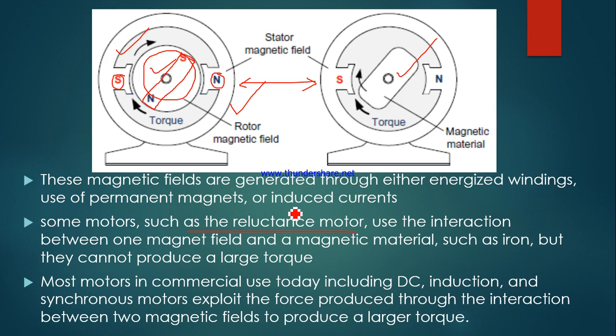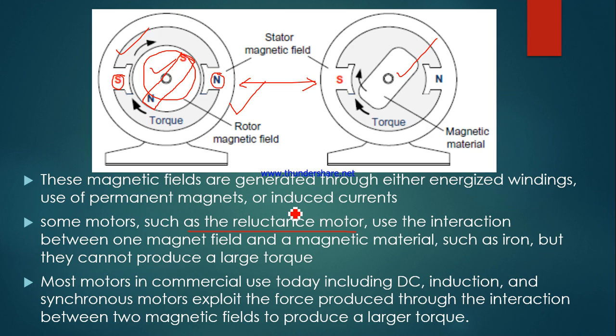But in an electrical machine, there is a unique advantage that, keeping your torque constant, your RPM can be varied, or vice versa. But here also there is some disadvantage.